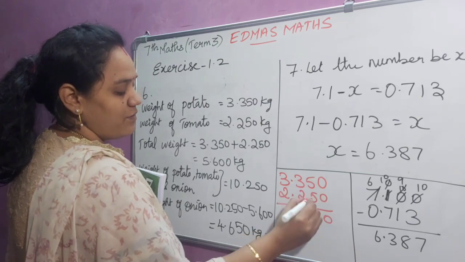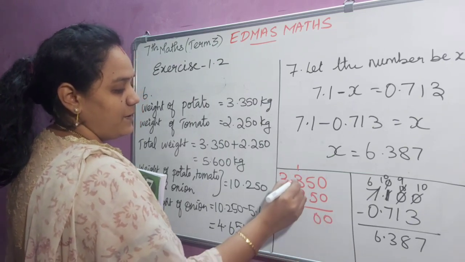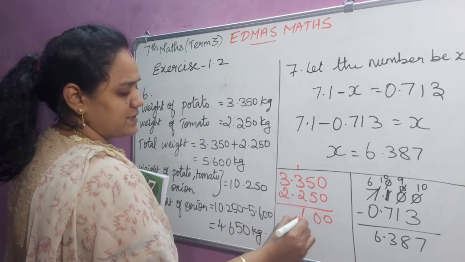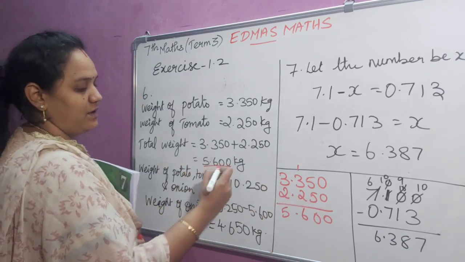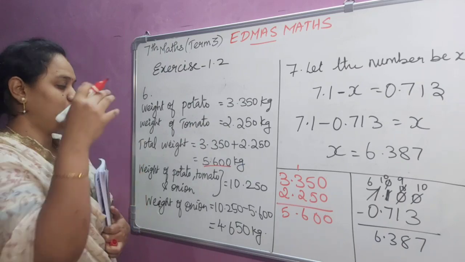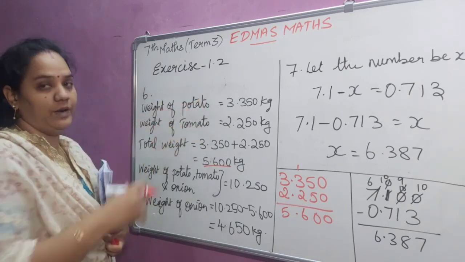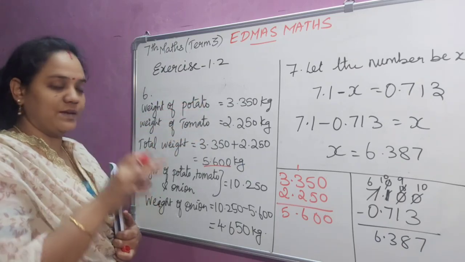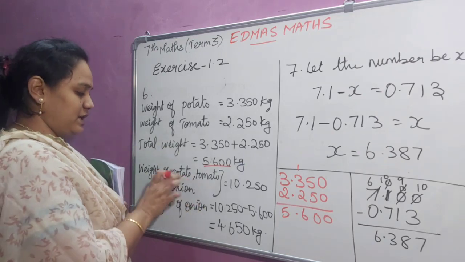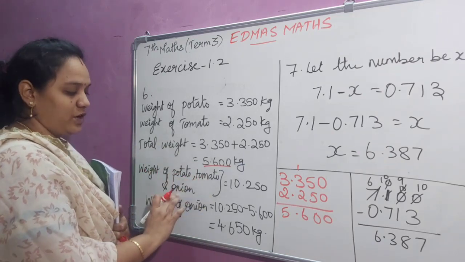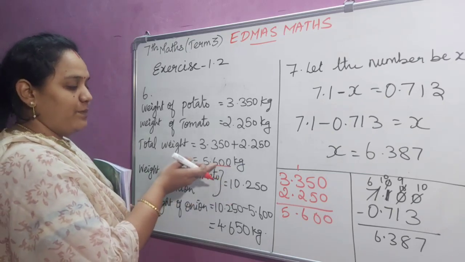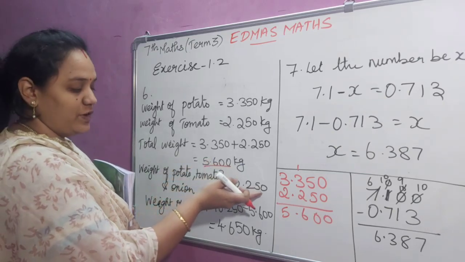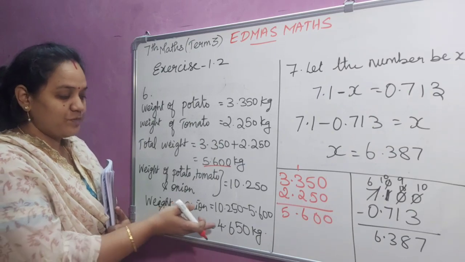So 0, 5 plus 5 is 10, 0, 1, 3, 4, 5, 6, so 5.600. That is the total weight of potato and tomato. He also bought some onions, and the total weight of potato, tomato and onion is 10.250. If we subtract 5.600 from 10.250 we can get the weight of onions.